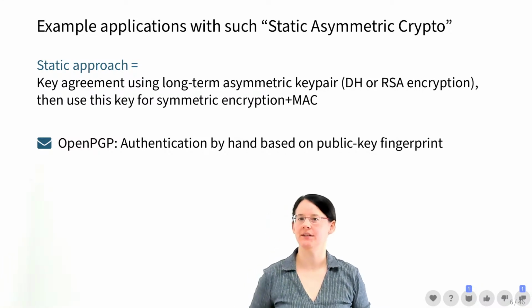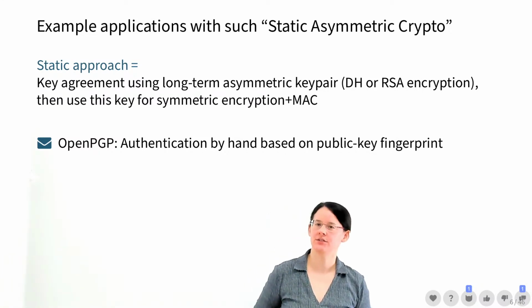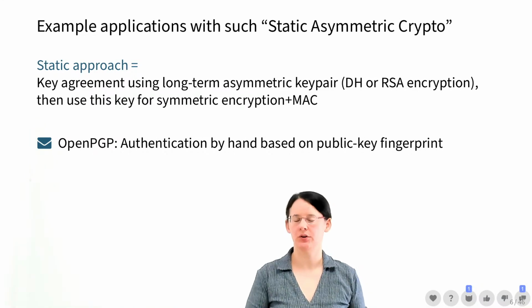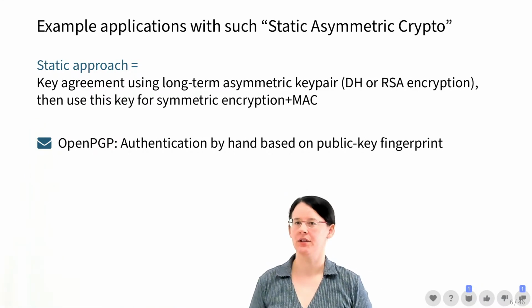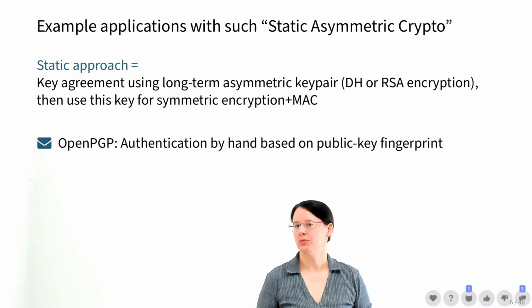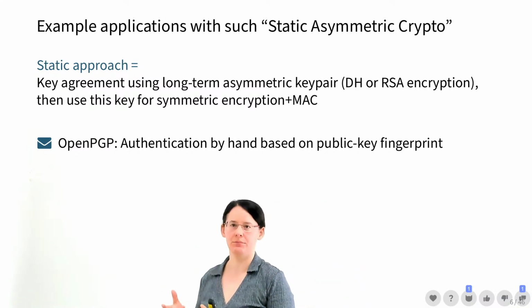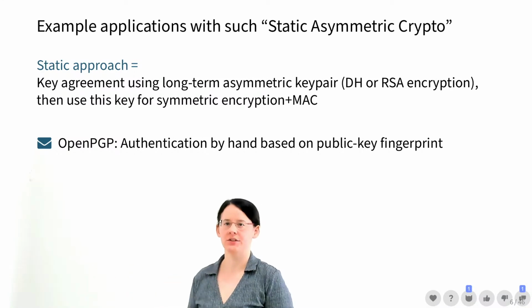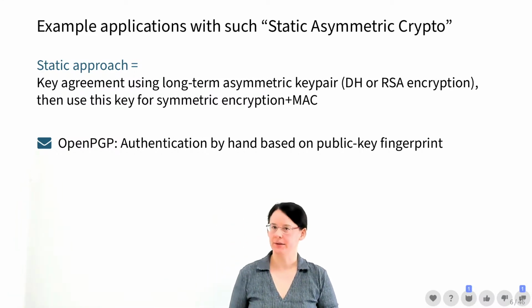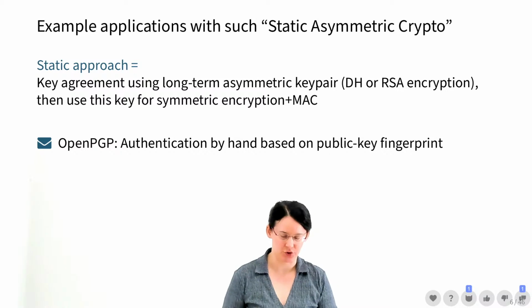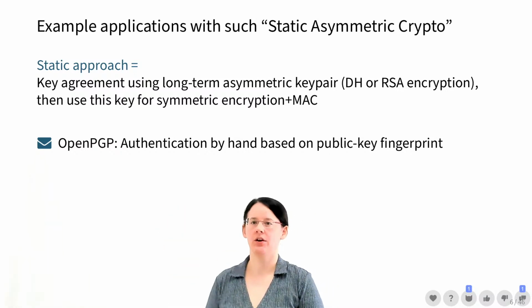One of the schemes is OpenPGP. So that's a system for email encryption, but also encrypting other stuff, but it's mostly used in emails. How does it work? Well, somebody who uses OpenPGP generates a public-private key pair at some point, publishes their public key on a key pool or on a key server, and everybody else can get the long-term public key from there.